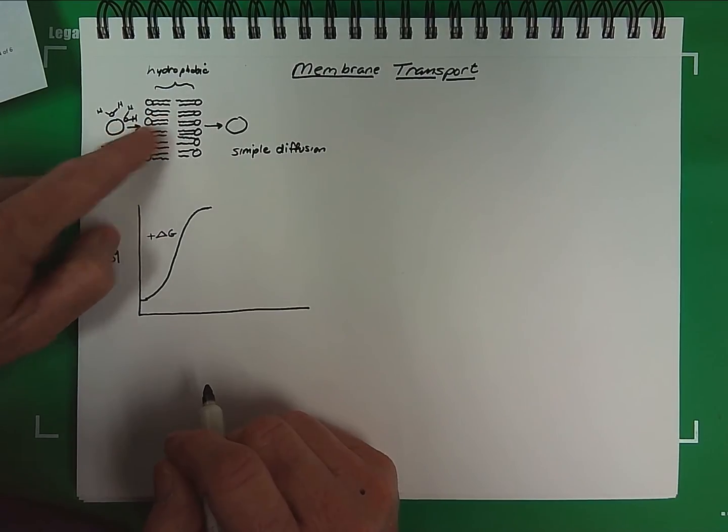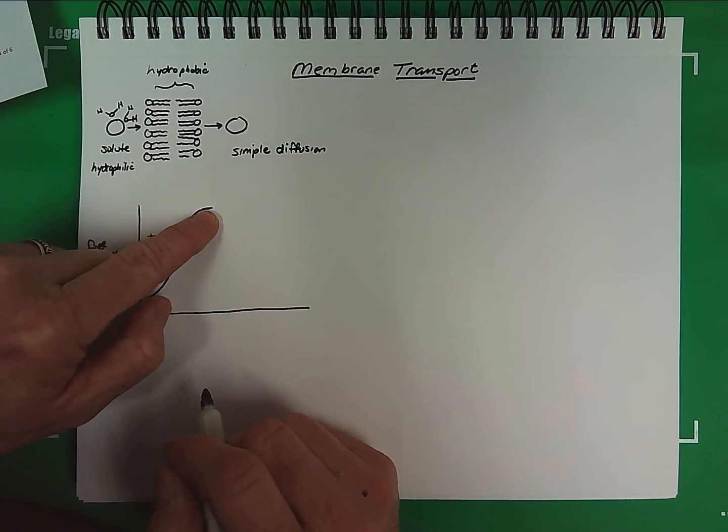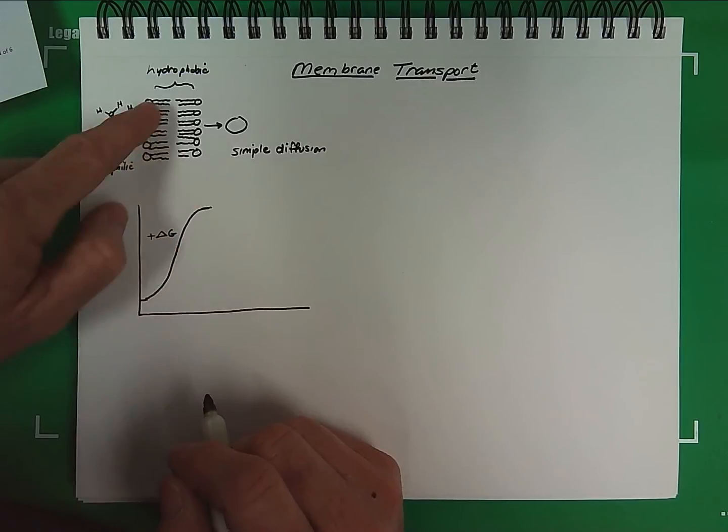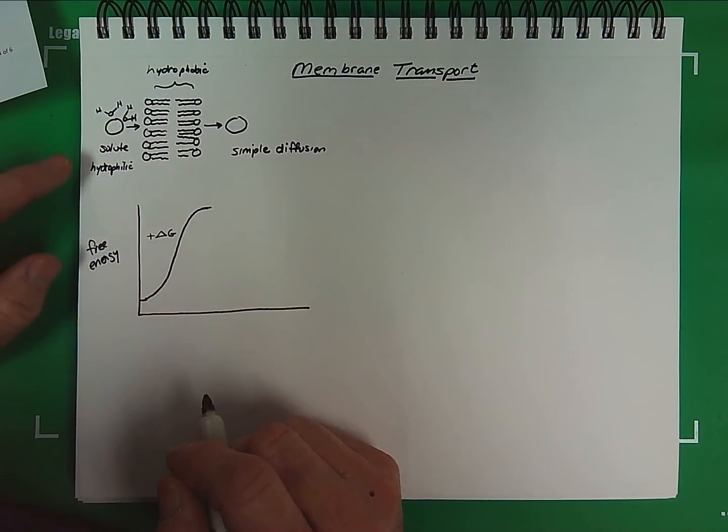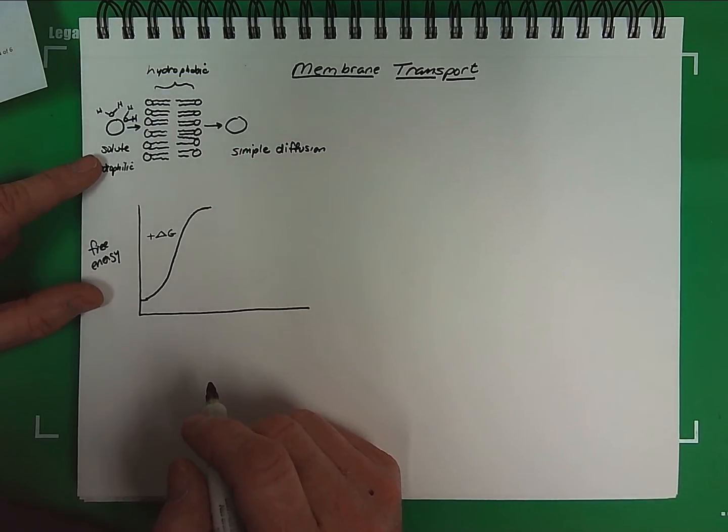If it was able to form bonds with this hydrophobic domain, then we would have a release in energy. We would have a negative delta G because of the bond energy. But the delta G stays very high under these conditions.